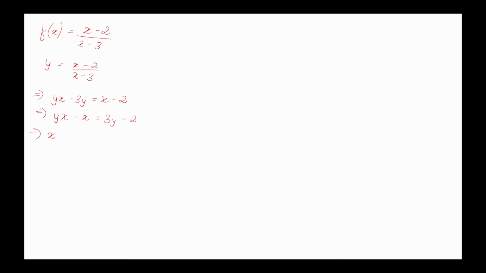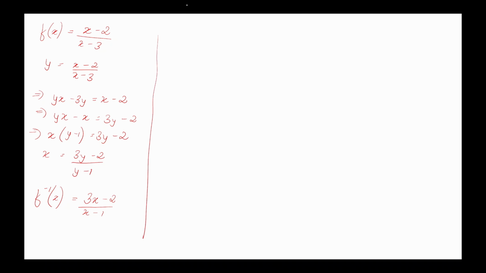If I take x common, this becomes x times y minus 1 equals 3y minus 2. From here, x becomes 3y minus 2 upon y minus 1. Now I've gotten my x in terms of y. Now I can simply replace x with f inverse of x, and replace y with x. So this becomes 3x minus 2 upon x minus 1. So this is my inverse function now.